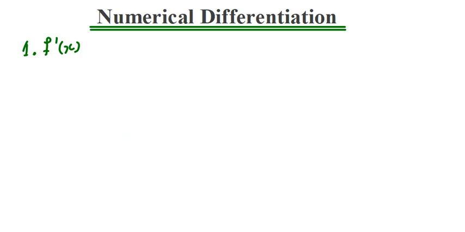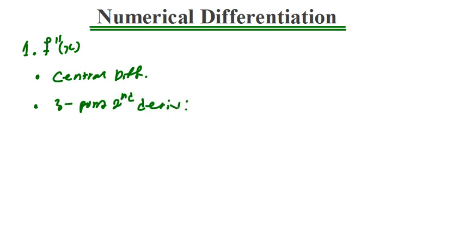What about the second derivative? For the second derivative, we have the central difference formula. When do we use this? Of course it's still the same: this is preferred for interior points. What about the 3-point second derivative? We use this at boundaries, similar to the previous part.